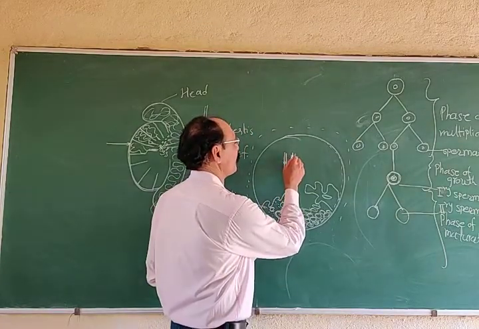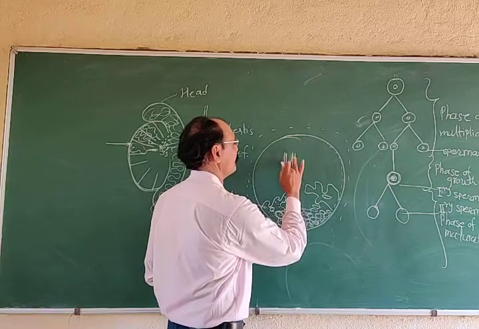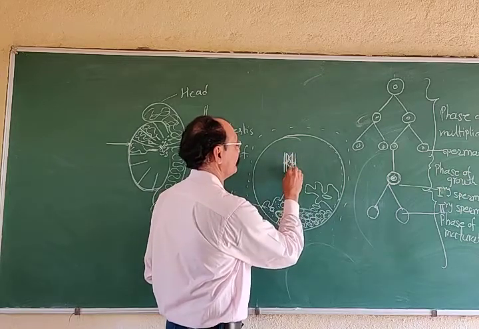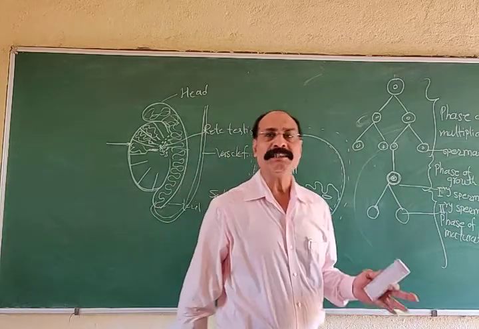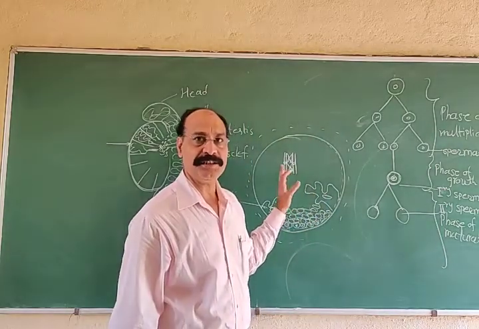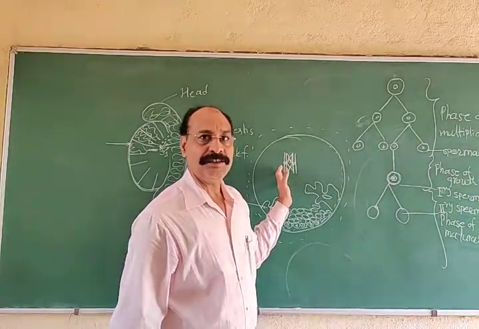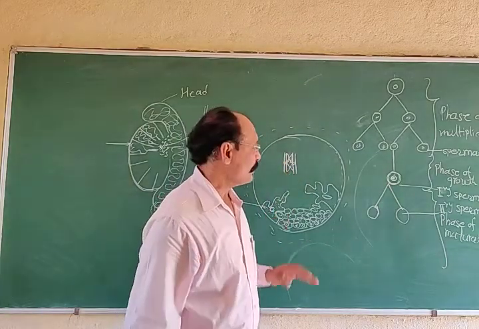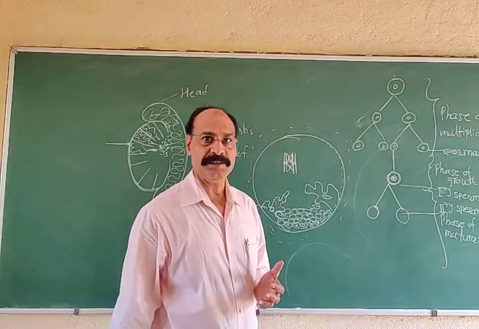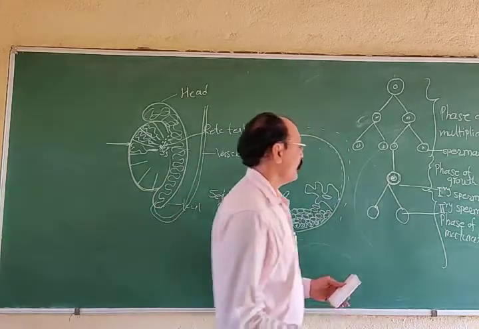Now the chiasma formation takes place, and the exchange of material takes place between the non-sister chromatids in the tetrad. Into this tetrad the exchange of genes takes place, and so the recombination takes place, which is the cause of variation in the two gametes.